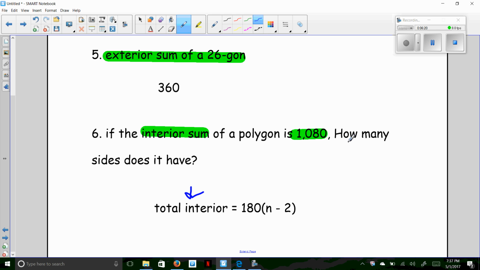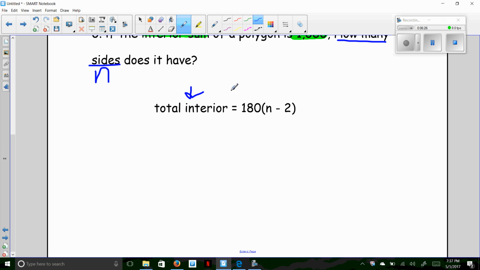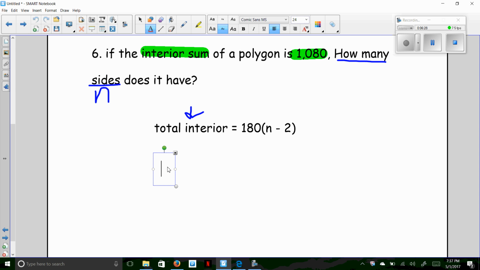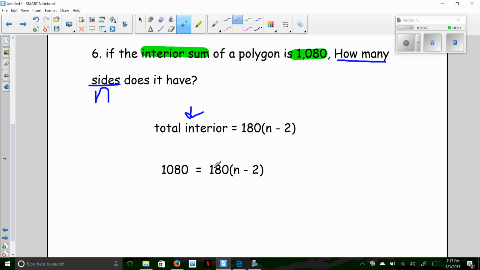How many sides? That means n is what we're looking for. So let's plug that in: 1,080 equals 180 times n minus 2. We're solving for n. A first step is to distribute.